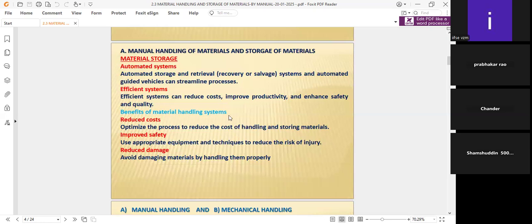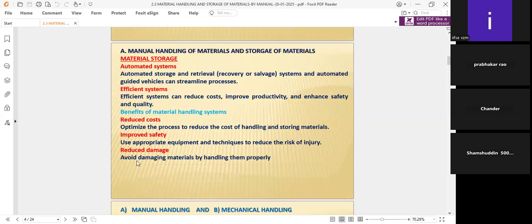Once you maintain a culture of safety while manually handling material from one place to another, shifting, loading or unloading, definitely the safety culture will be there. If you have a safety culture, the risk of injury will be reduced, and thereby the discipline of the industry will also be taken into account.